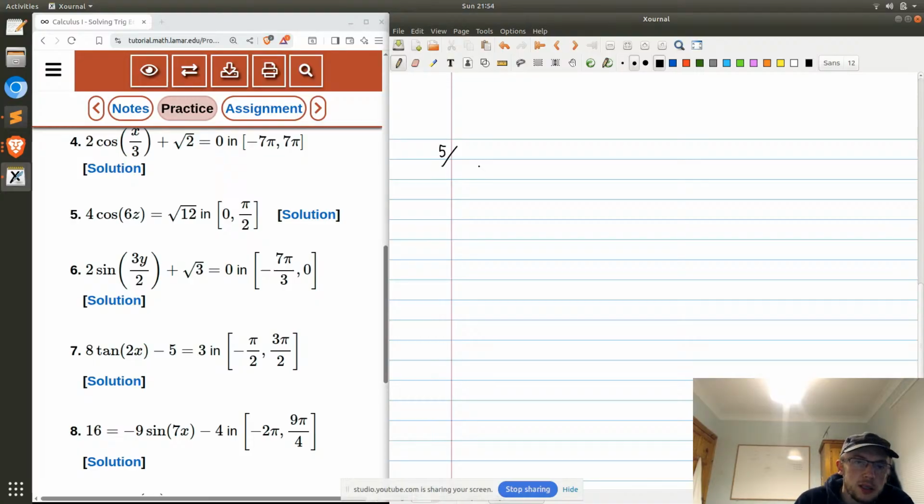Okay, set cosine of 6z equals root 12 over 4. Root 12 over 4 is, of course, 2 root 3 over 4, which is root 3 over 2. So let t equals 6z.